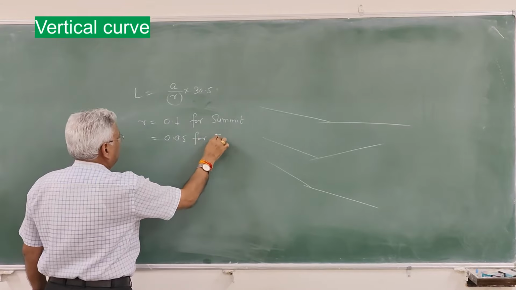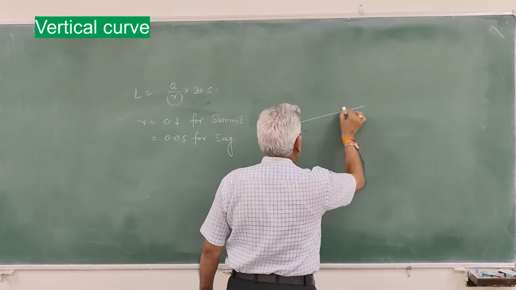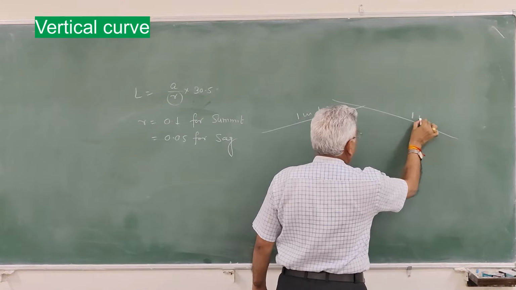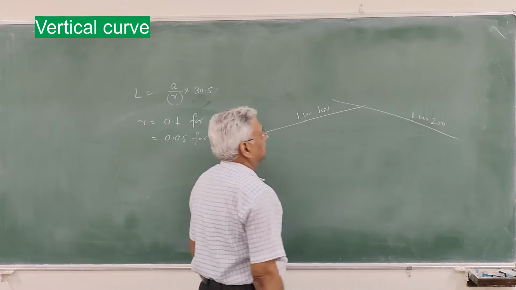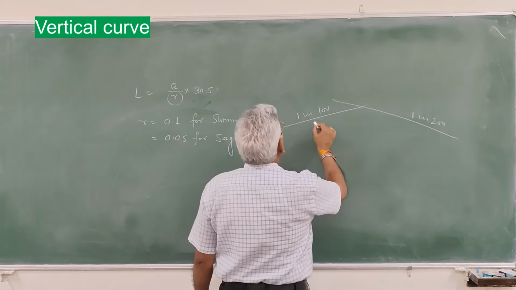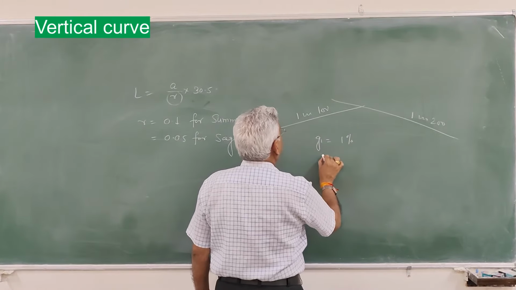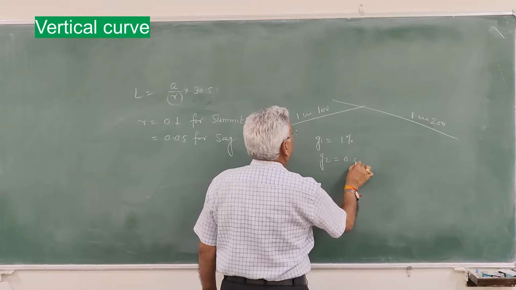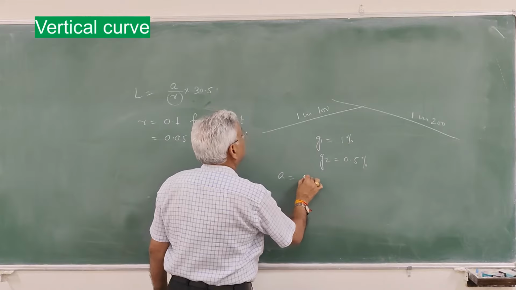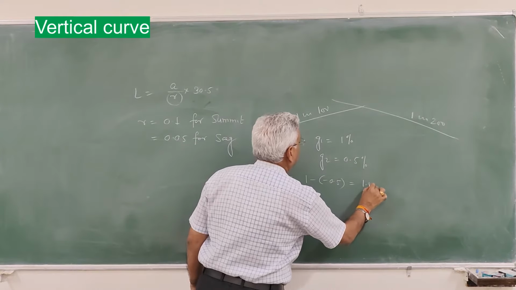and it is 0.05 for sag curve. Say for example, a rising gradient of 1%, 1 in 100, meets a falling gradient of 1 in 200. What is the length of the curve? Length of vertical curve. Now G1 is 1%, G2 is 0.5%, 1 in 200, and therefore A is 1 plus 0.5, that is 1.5%.